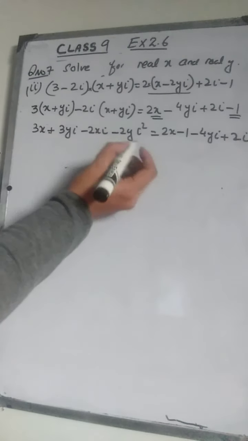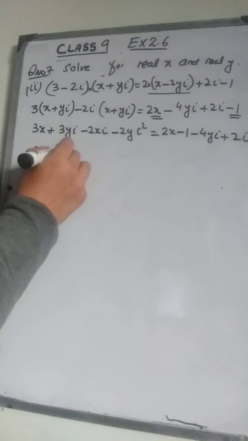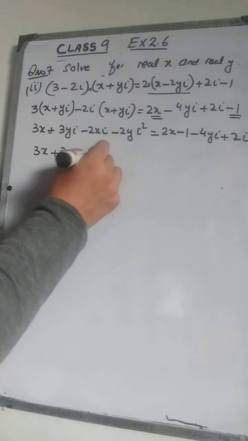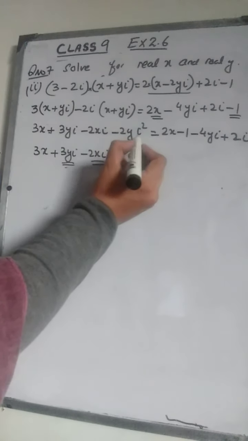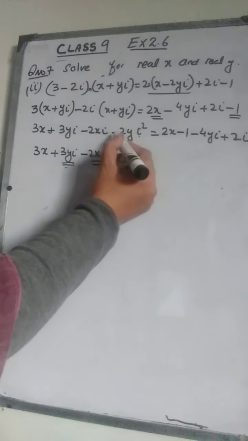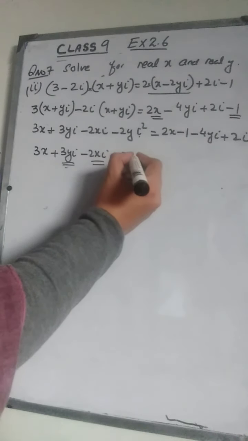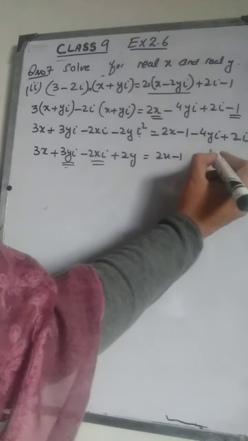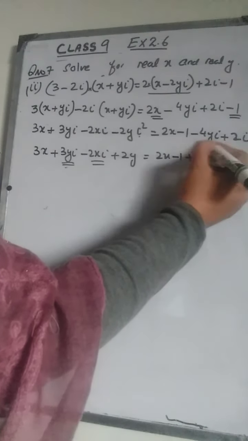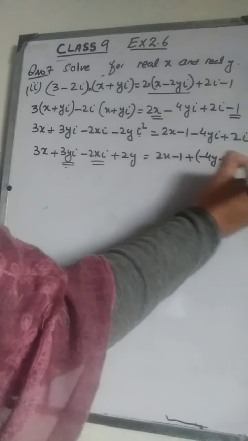Over here one more step, 3x plus 3y iota minus 2x iota. This will be the imaginary part, and as iota square is equal to minus 1, this minus 1 will make this minus sign plus, and we will get 2y. Now 2x minus 1, and here combining the imaginary parts together, we are getting negative 4y plus 2 iota.